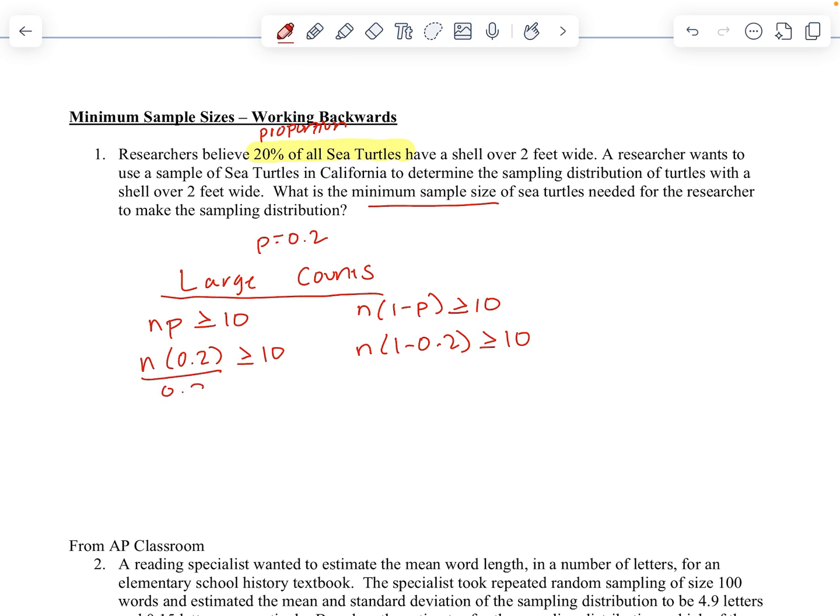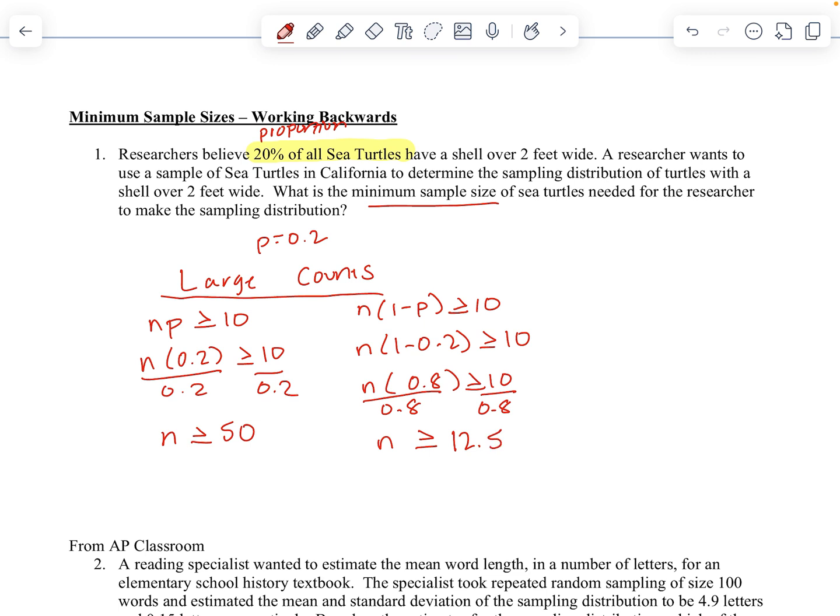I'm going to divide by 0.2 here. And I get that n has to be at least 50. And then over here, I'm going to divide by 0.8. And this says n has to be at least 12.5.